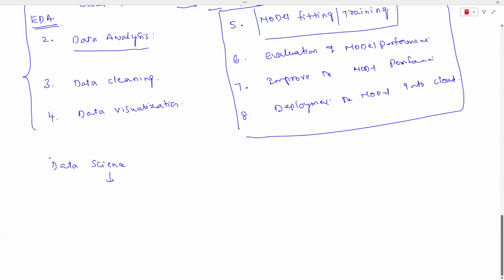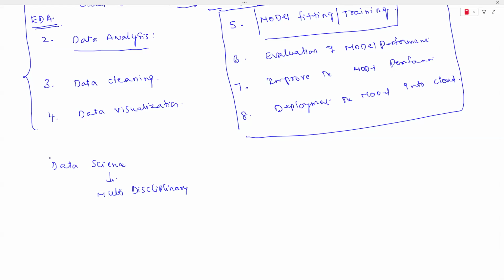Simply we can say that data science is a multidisciplinary field, guys. Multidisciplinary means it is not a single technique or single skill. If you learn only one, it's not sufficient.